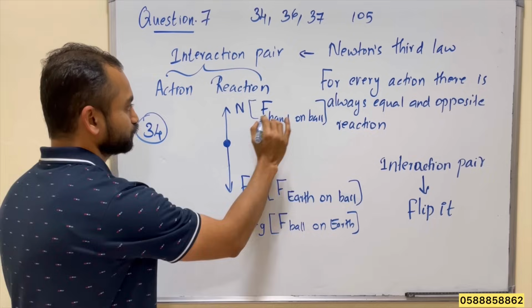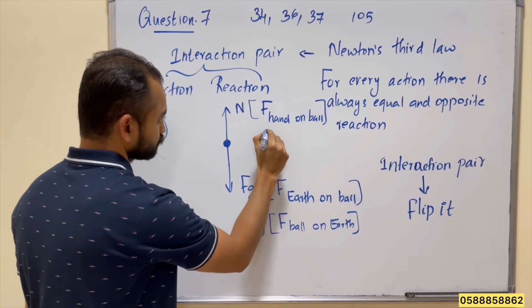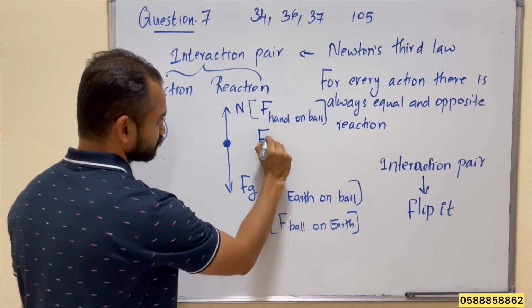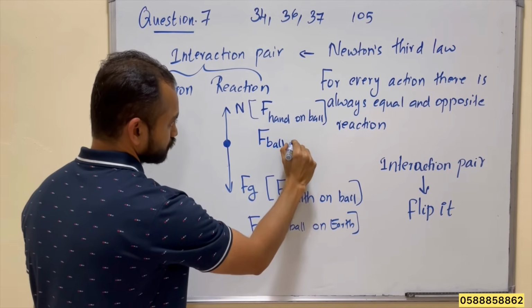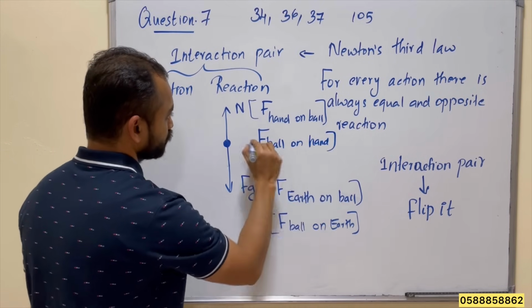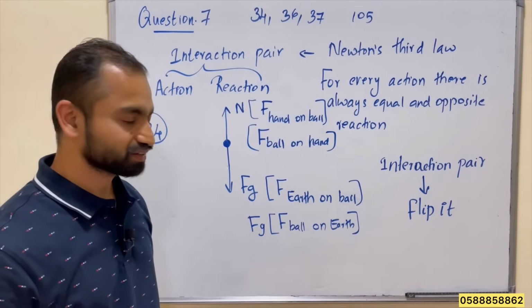So now this one you can write on your own. What is the interaction pair of the normal force? F. Now you know, right? Flip it. Ball on hand. So this is the equation to write the interaction pair. Flip it.